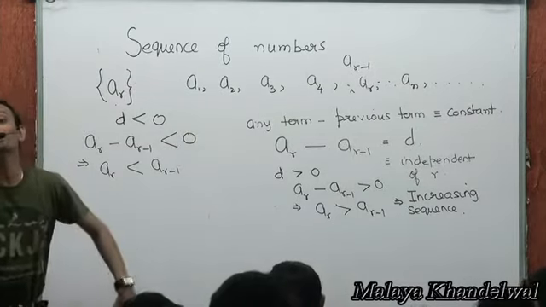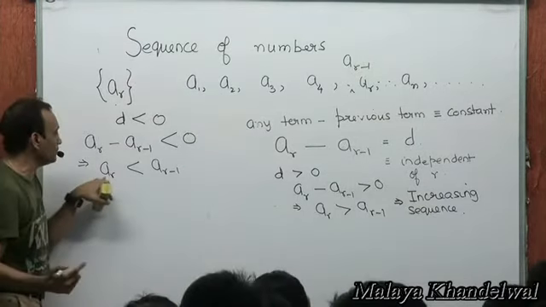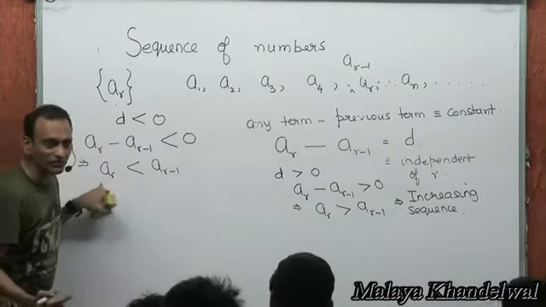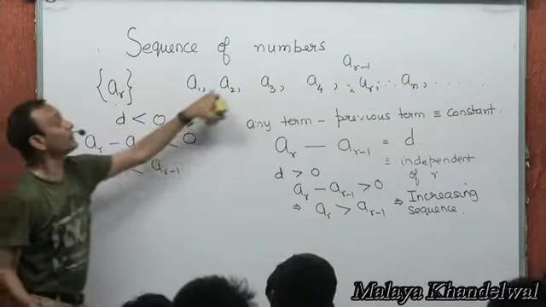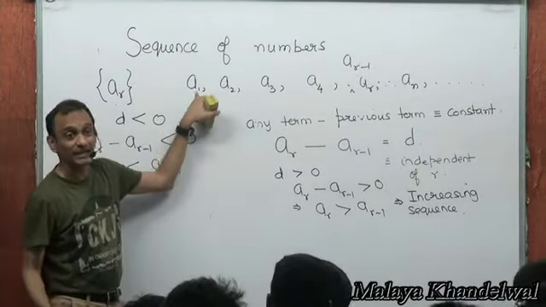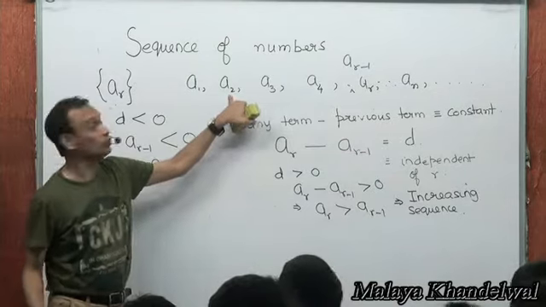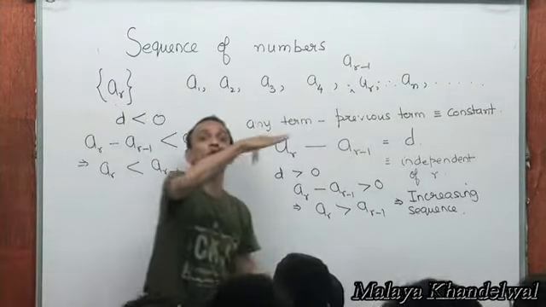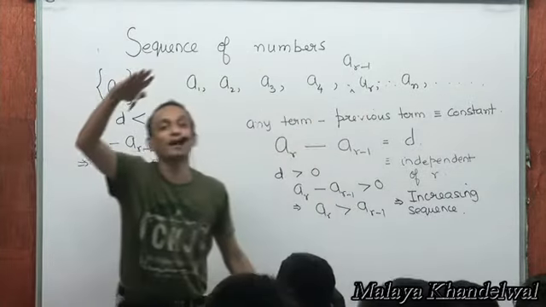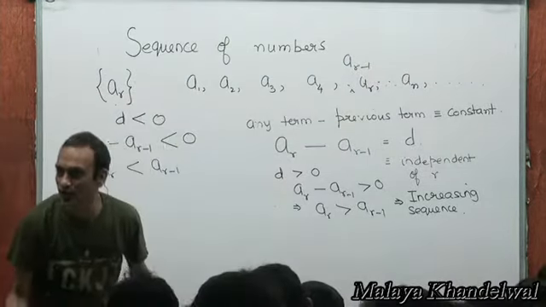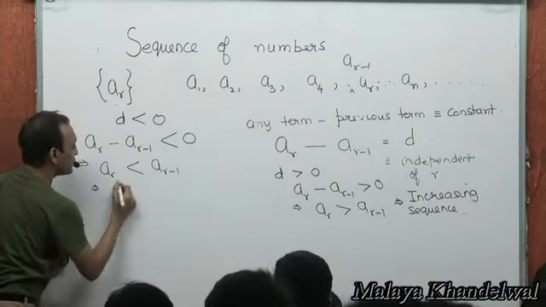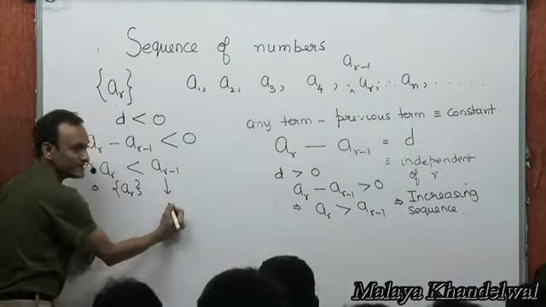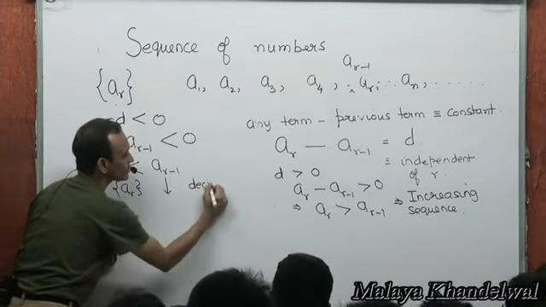It then would be a decreasing sequence, because any term will be less than the previous term. That means A2 will be less than A1, A3 will be less than A2, A4 will be less than A3, and so on and so forth. So as you keep moving rightwards in the sequence, the numbers decrease in value, right? So AR then is referred to as a decreasing sequence.